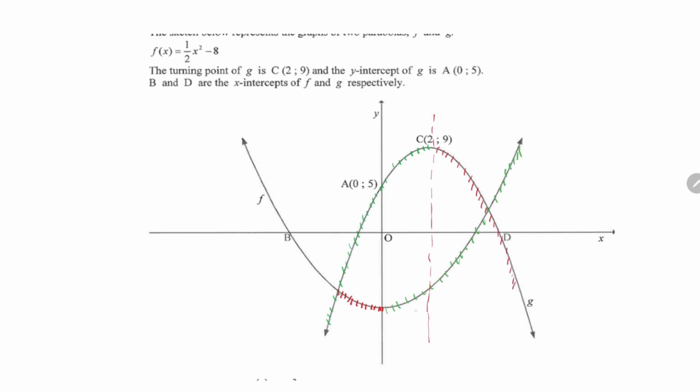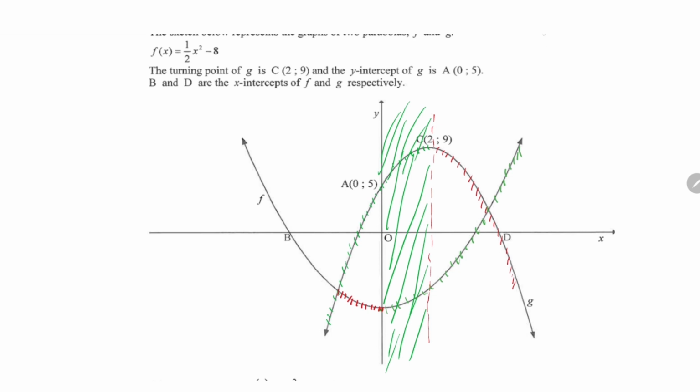So where can we say these graphs f and g are both strictly increasing? As you can see, it is over here. From this point up to this point, both graphs are strictly increasing.